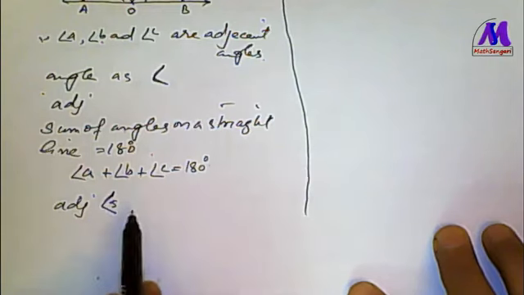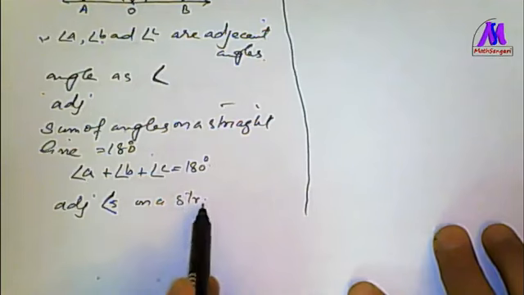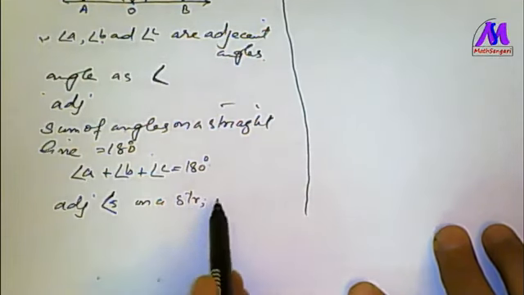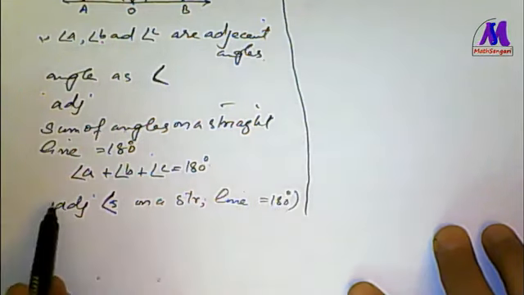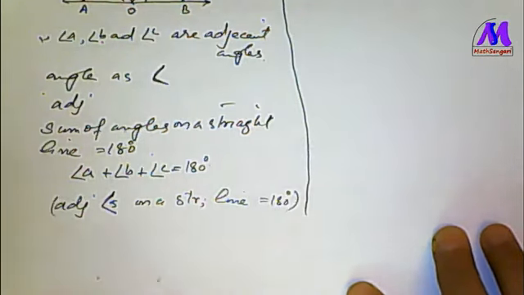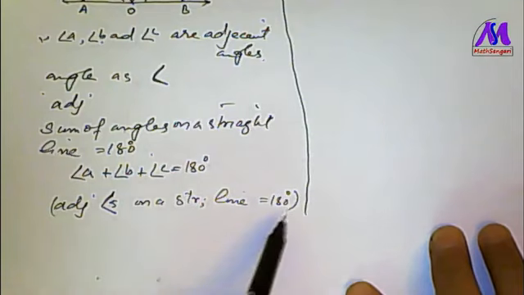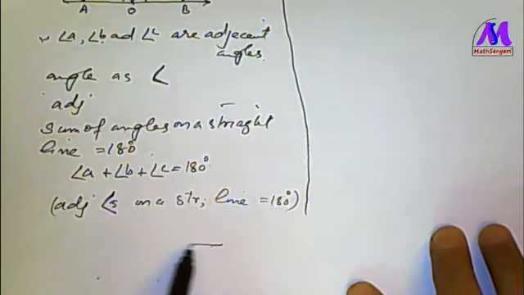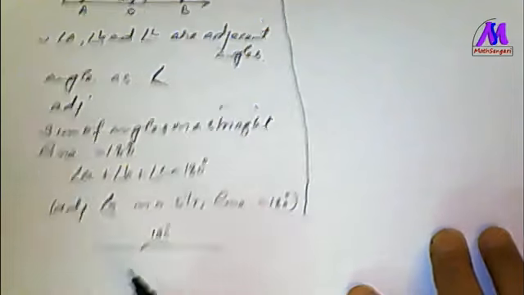So adjacent angles on a straight line, ST being the abbreviation of straight line, is equal to 180 degrees. That is the mathematical representation of adjacent angles on a straight line. What will be the sum of the angles on a straight line? It will be equal to 180, and commonly you can denote it as 180. The angle of a straight line will be equal to 180 degrees.